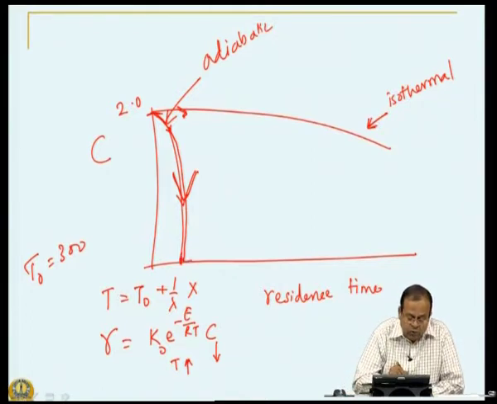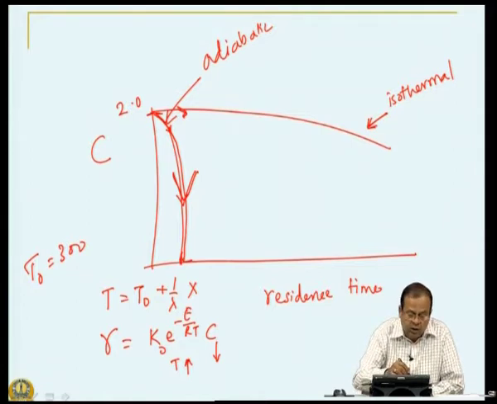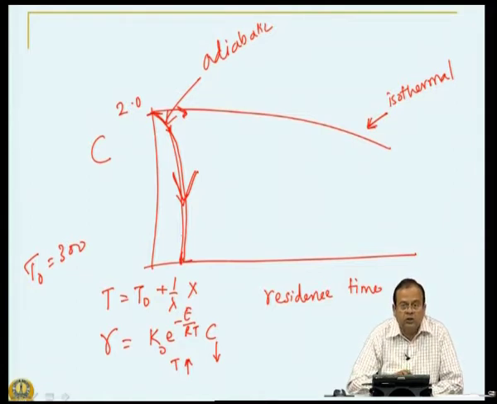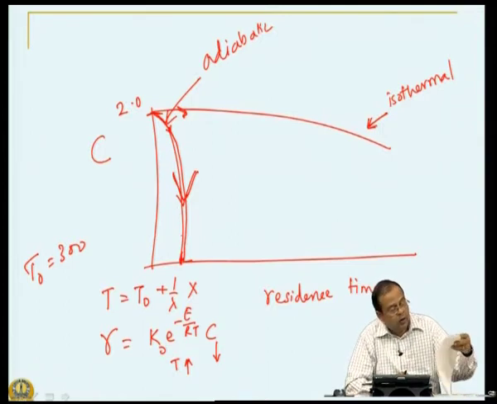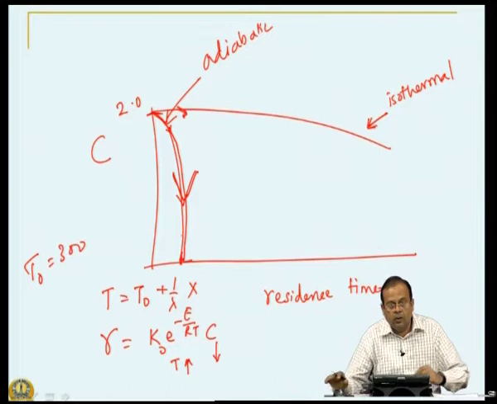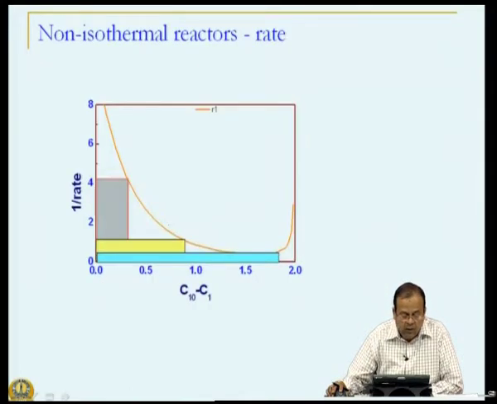Eventually, the rate will go to 0 because all reactant has been consumed, but before that the reaction just accelerates to a very large value, and we do not know what other side effects, if at all, such behavior may have. So, let us try to look at what is happening in this particular scenario.